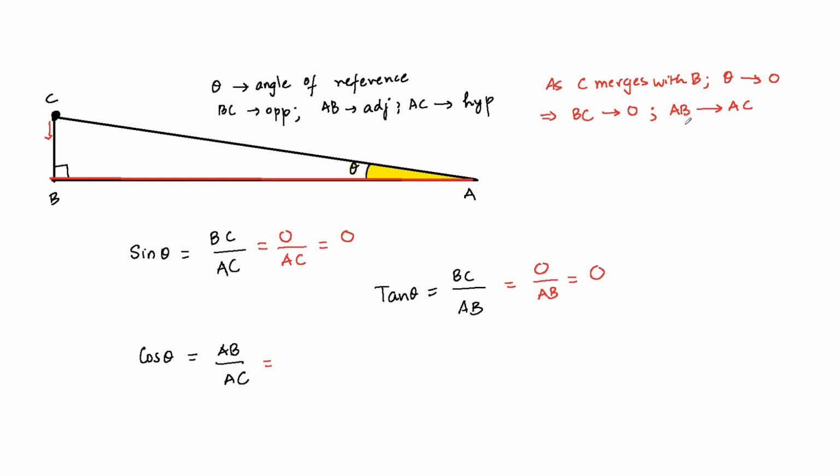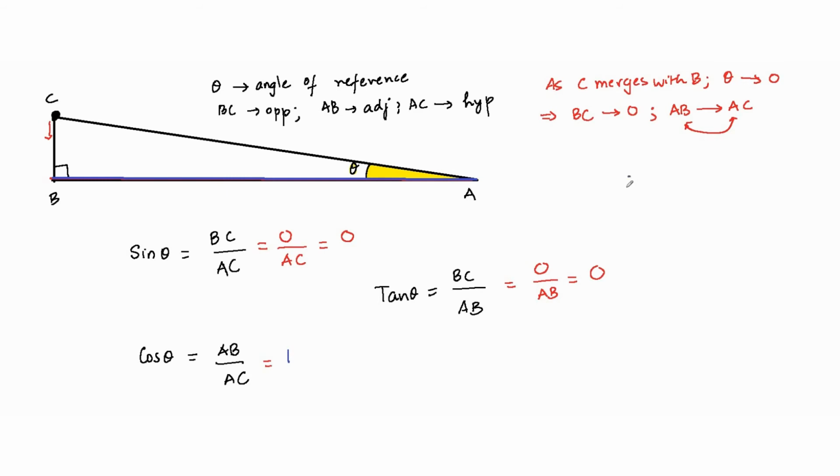Now because AB and AC become close to each other, they are almost equal. I will show this again. If you notice, I have drawn the line segment AC. Now as I pull C down towards B, you will notice that the length of AC and AB almost become equal to each other, which is why AB divided by AC will be equal to 1 because the numerator and denominator are equal to each other.